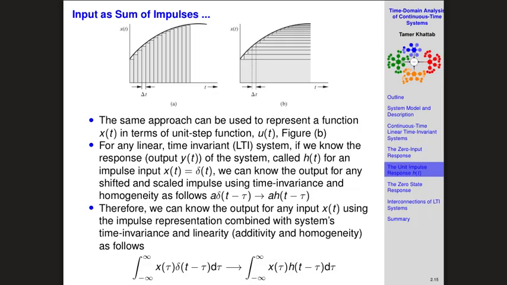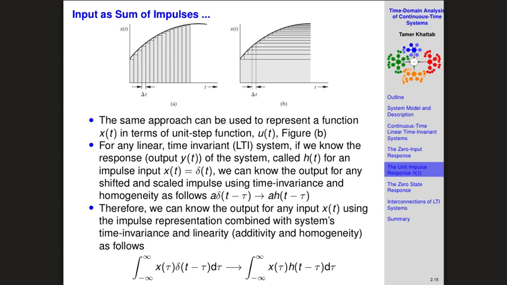So again, this slide just summarizes what I have been trying to do in terms of showing you where we got that final expression, how you can calculate the output of any linear time invariant system from the input to the system and the impulse response. My question to you again: do you understand what is the meaning of an impulse response of a system?